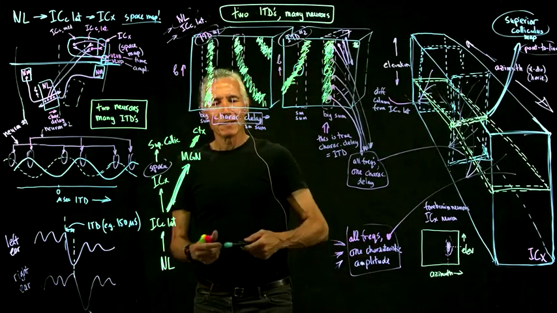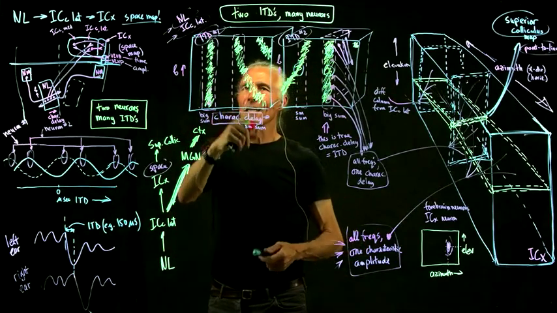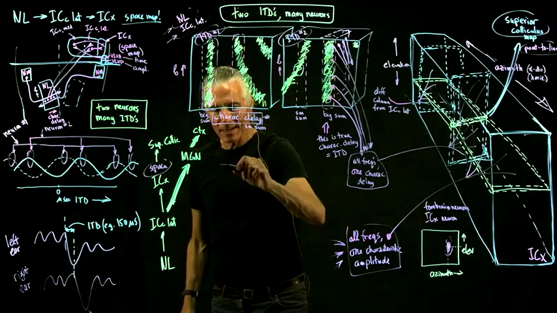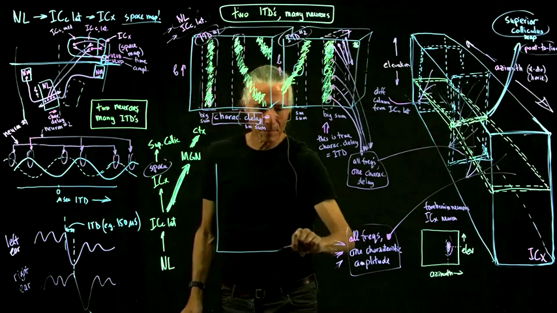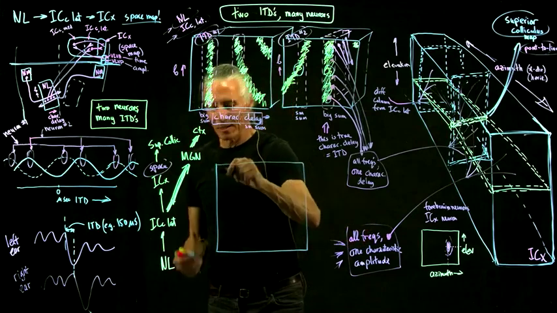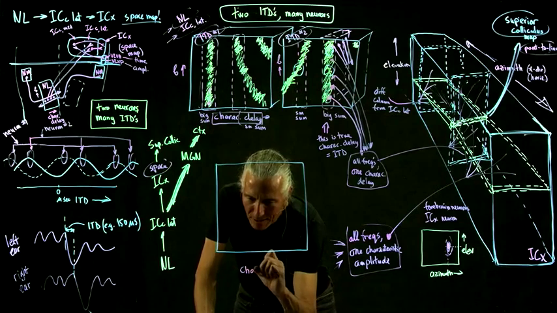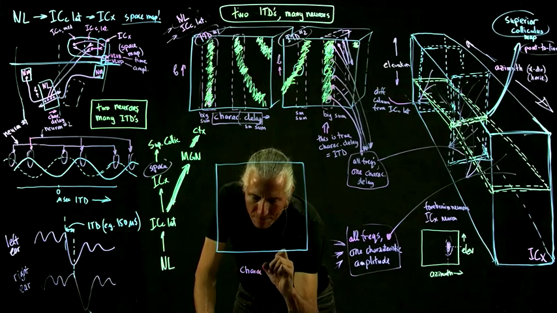If we think about it, what has the ICC lateral done? What it's done is it's sorted things by space. So this is characteristic delay going in this direction, but that's really space.